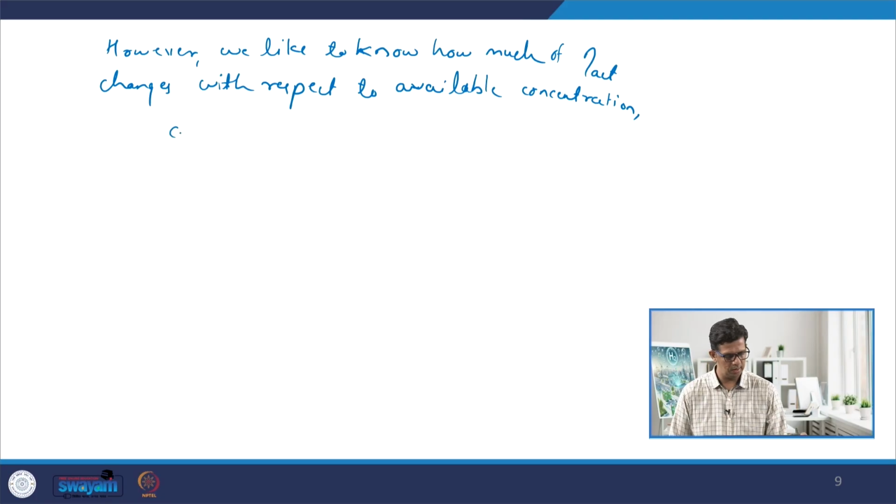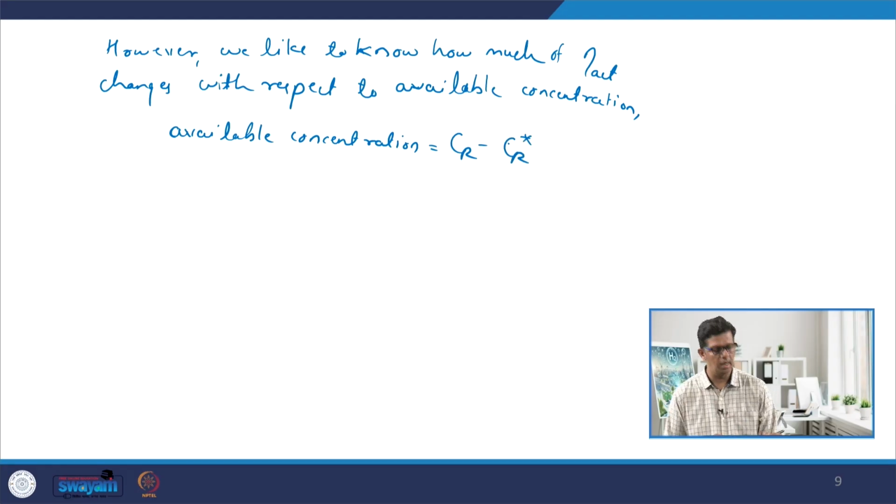So we know this available concentration is equal to CR minus CR star.